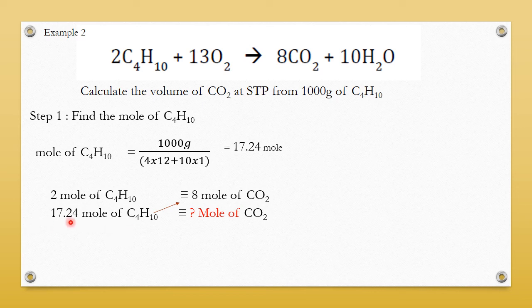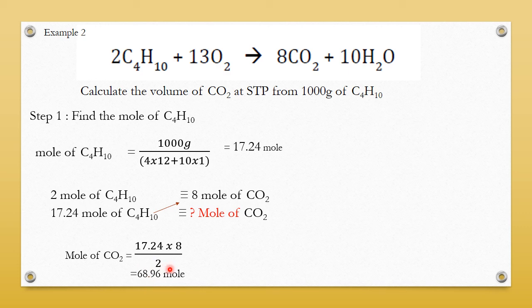So when we are using 17.24 mole of butane, what is the number of mole of carbon dioxide gas produced? We do the cross multiply, which is the number of mole of carbon dioxide equal to 17.24 multiplied by 8 divided by 2.